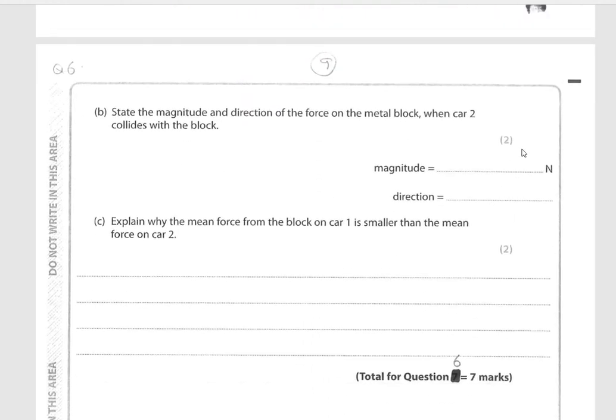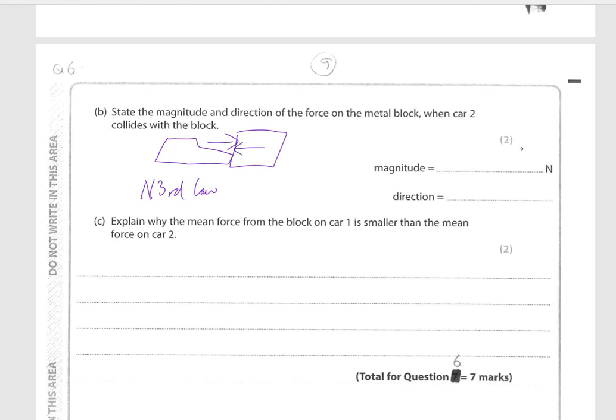Good. Now this one here is what? State the magnitude and direction of the force on the block when the car hits the block. So therefore we've got the block, the car is hitting the block. So this is Newton's third law. If the car is applying a force on the block, the block is also applying a force back onto the car as well.